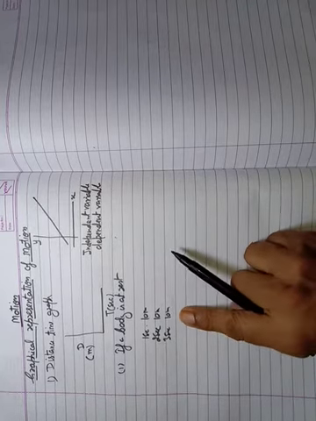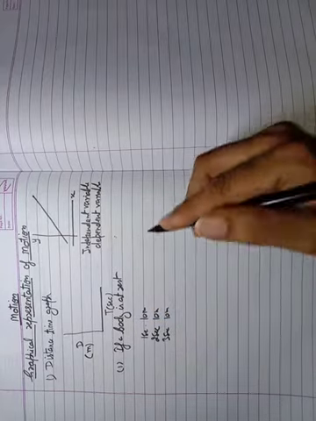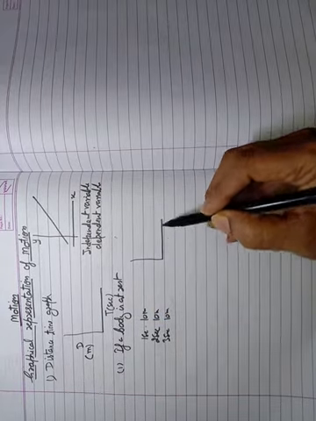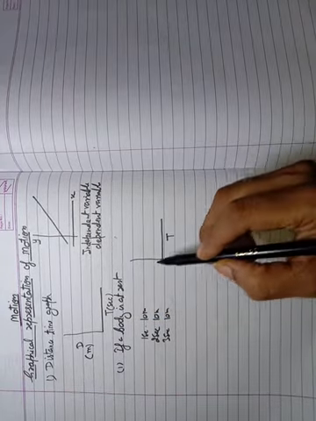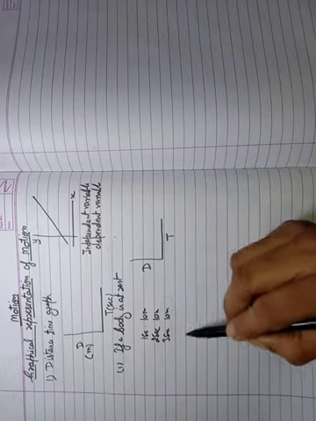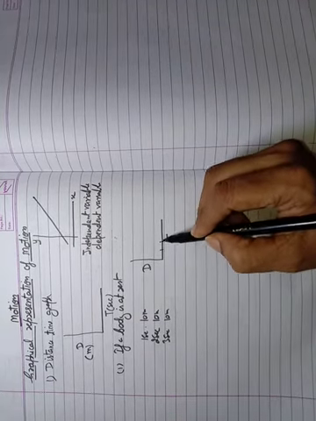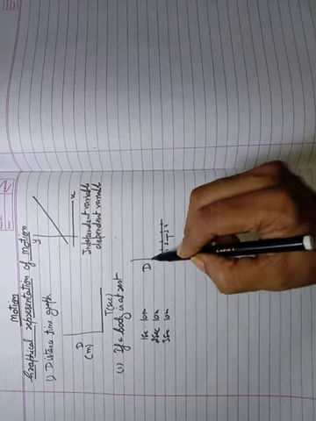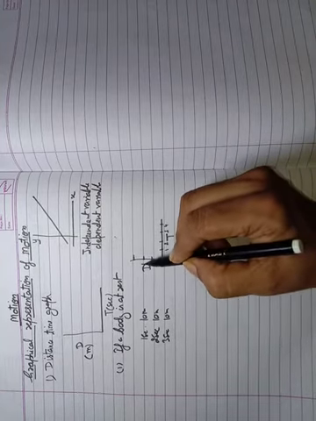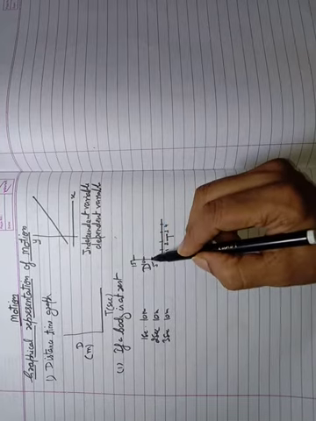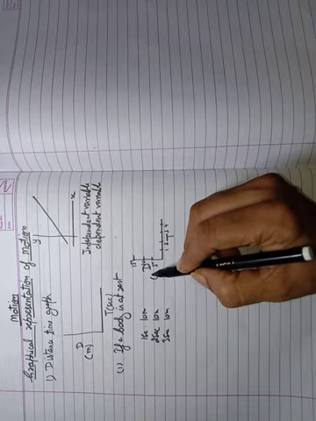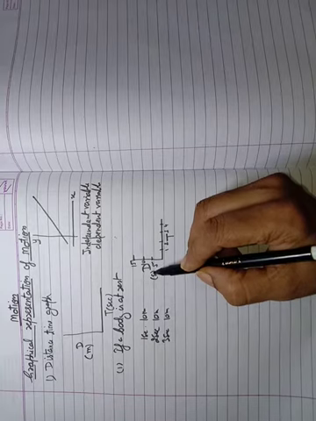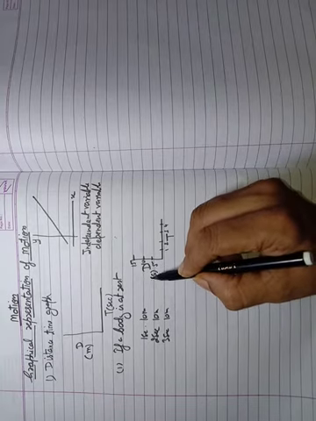If you want to represent this situation on the graph, as I told you, we represent time on the x-axis and distance on the y-axis. So this is the time: 1 second, 2 second, 3 second, 4 second. This is the distance. We can write 5, 10, 15, in meter.